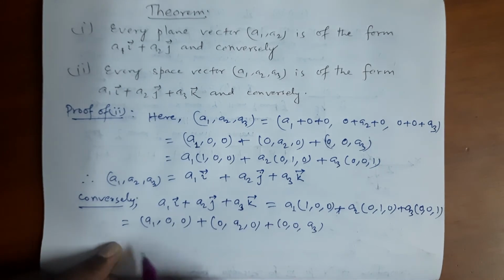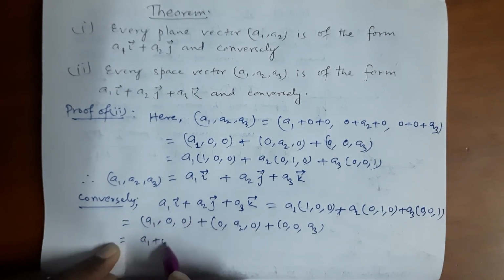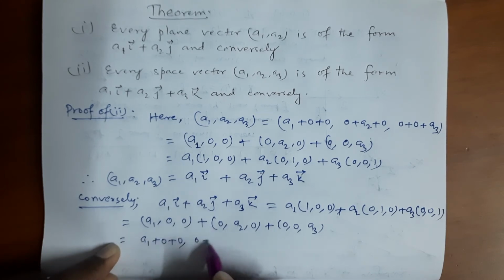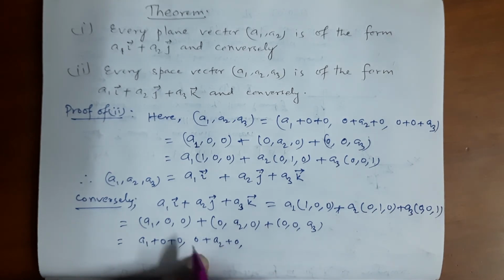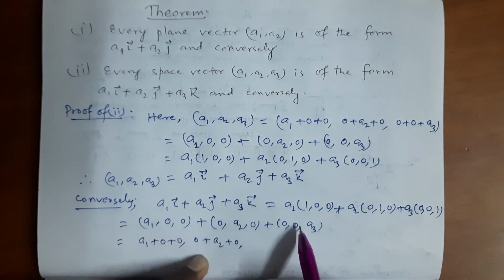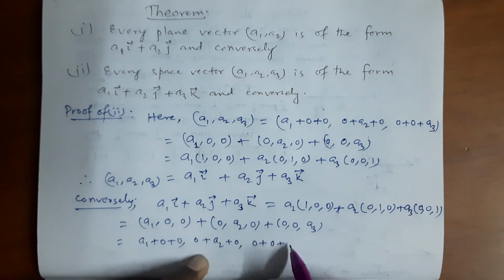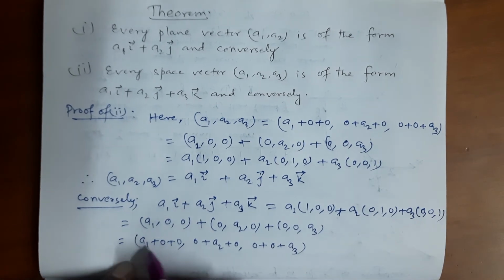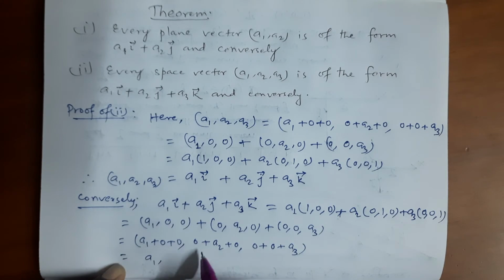Okay, now the first components are added together, the second components are added together, and the third components are added together. So a1 plus 0 plus 0 is a1, 0 plus a2 plus 0 is a2, 0 plus 0 plus a3 is a3.